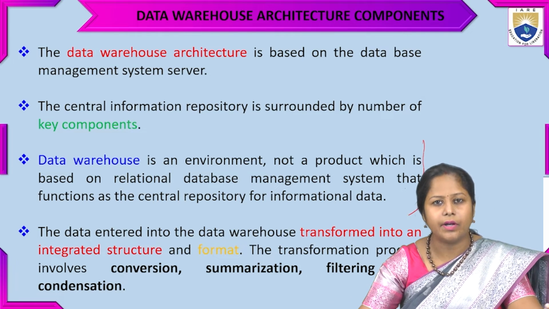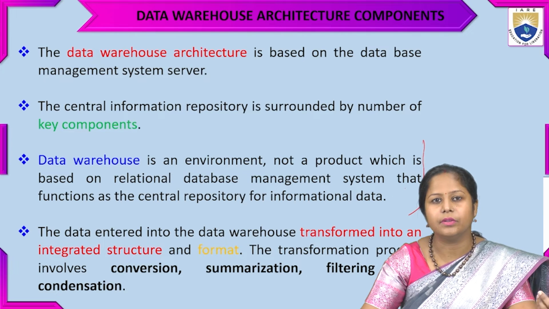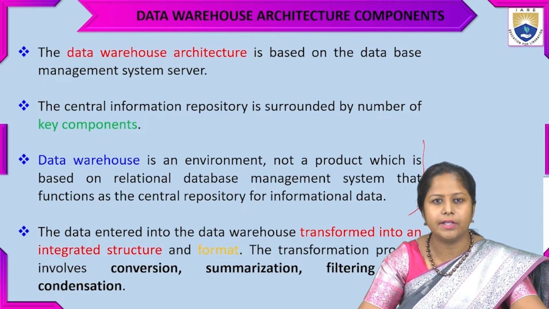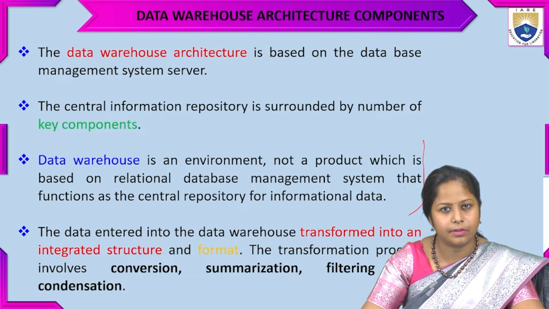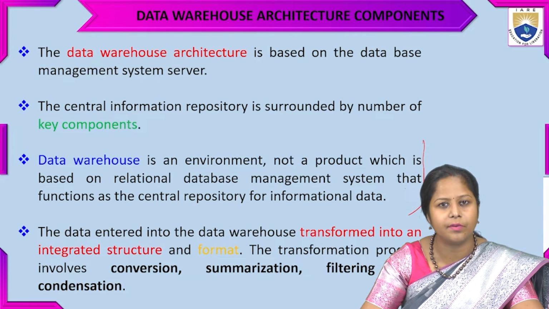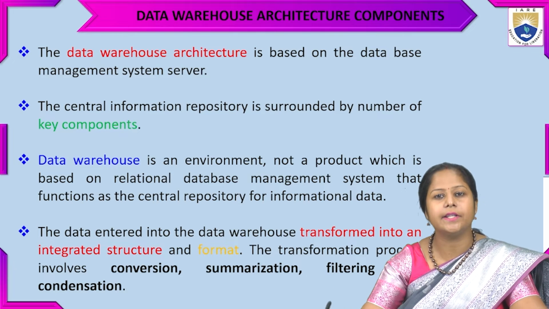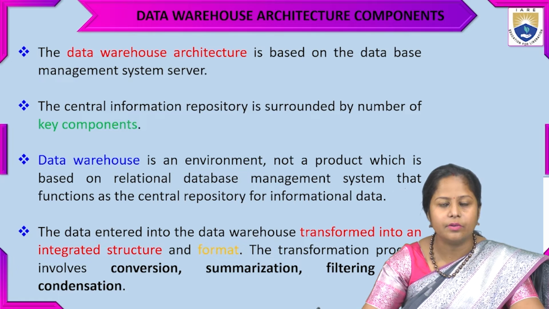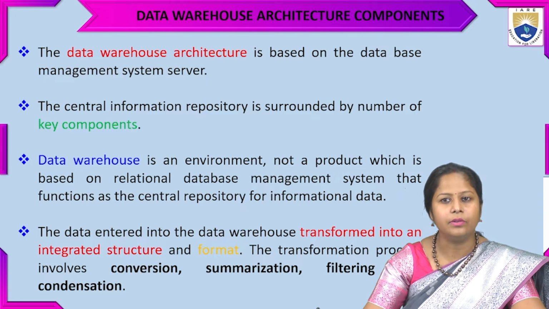The data we have entered into the data warehouse will be transformed. After the ETL process, while it goes to the server, like an OLAP server, there will be some transformation of data. It will be transformed into an integrated structure and some other formats.